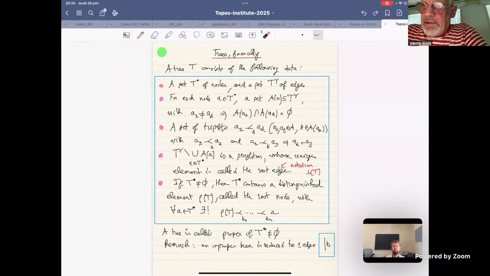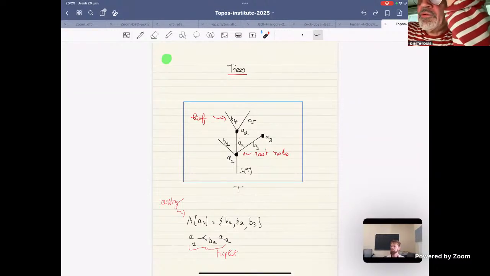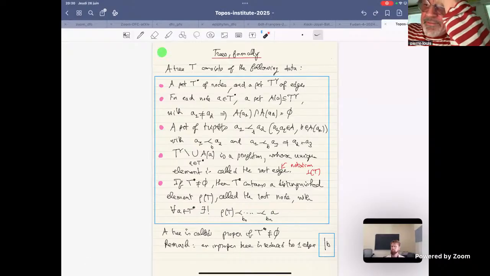Okay, so I will skip a complete formal description of our setting for trees. I will just mention that in the positive case, we only manipulate trees that have at least one node. But in the general case, there is also the case where a tree doesn't have any node, and then in this case, we call it improper, and it has only one edge, okay?